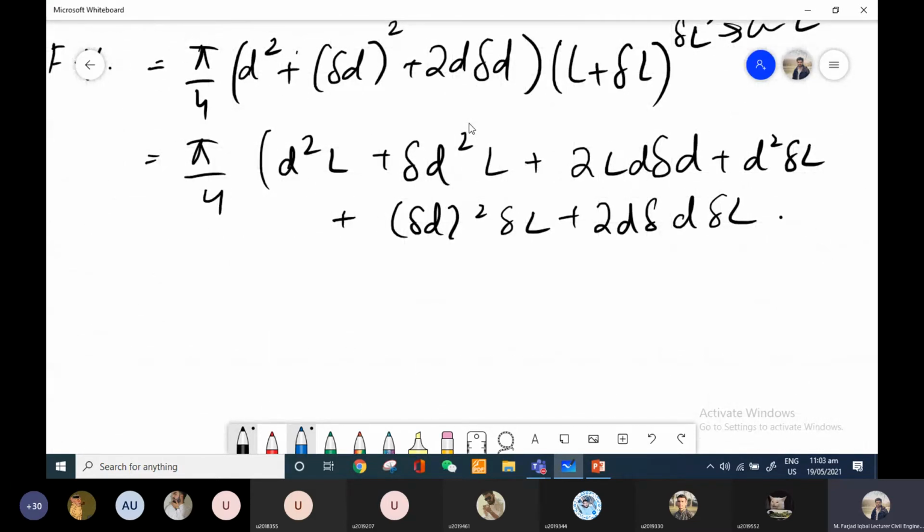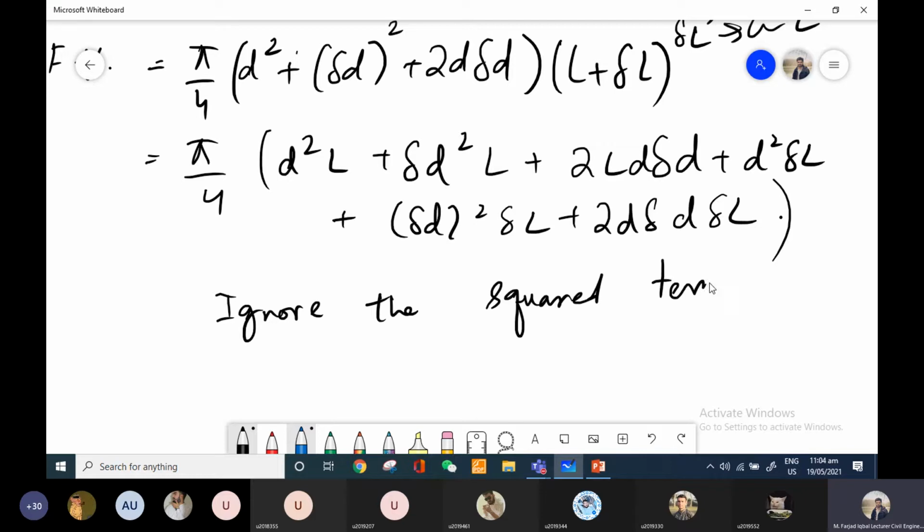Now in this expression, again these strains are very small in magnitude, and if I ignore the square terms for the change in length, for example, I can ignore this term because over here we have the square of change in length. I can ignore this term, and I can also ignore this term.